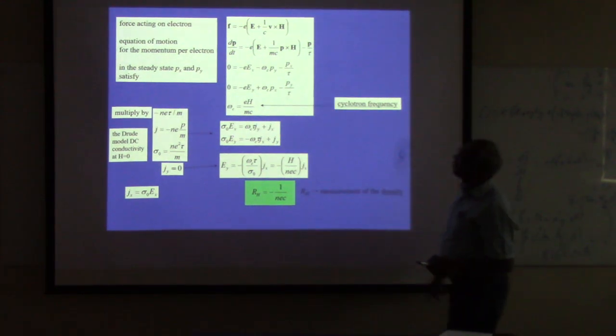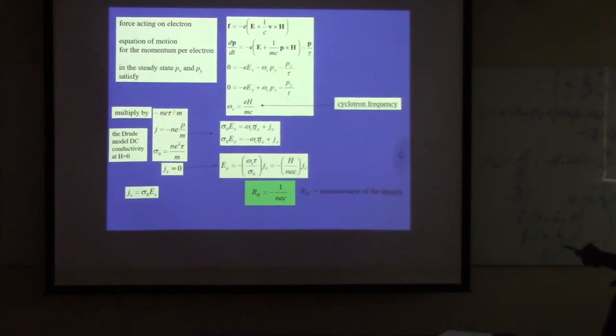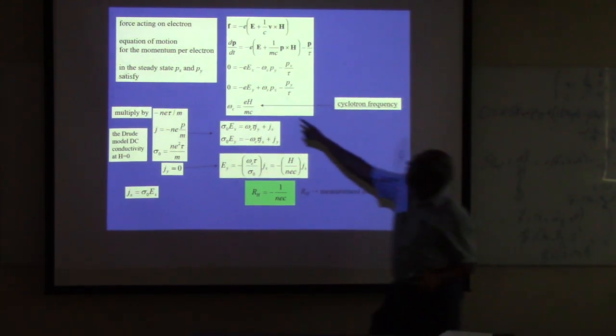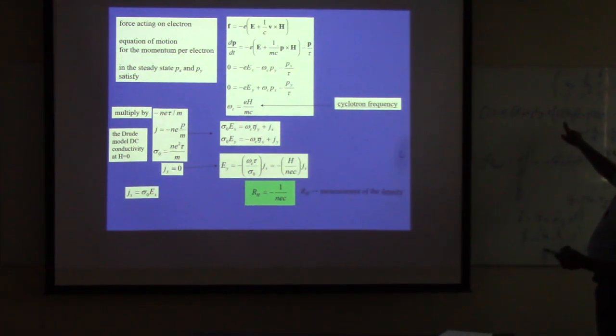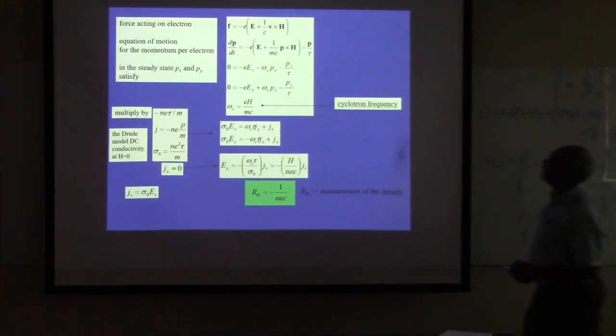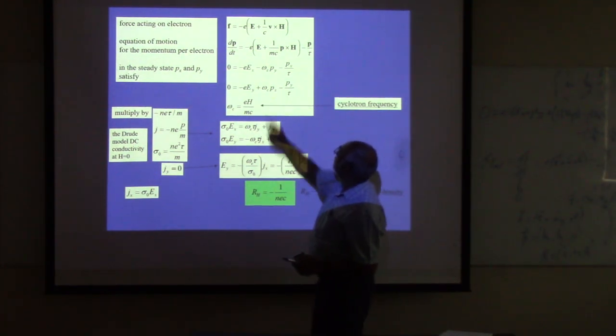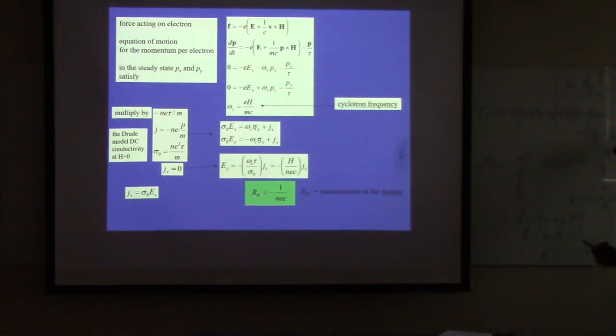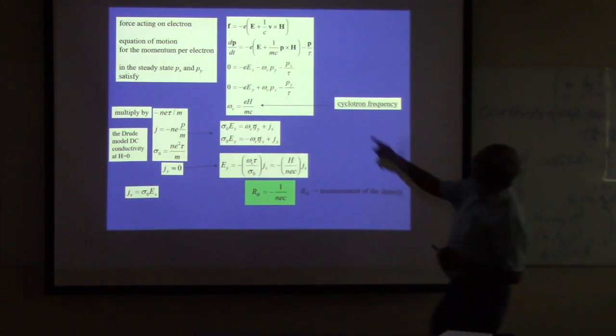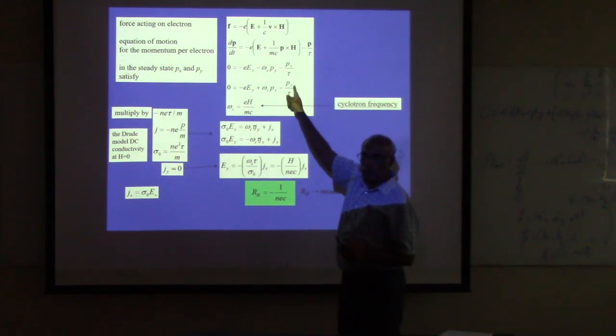Is that clear? I'll tell you what omega C is. Then for j, I have E times Ey, and the other j term is Vx B, right? So I take that one. Then I have Py over tau. Is that clear? 2 equations.